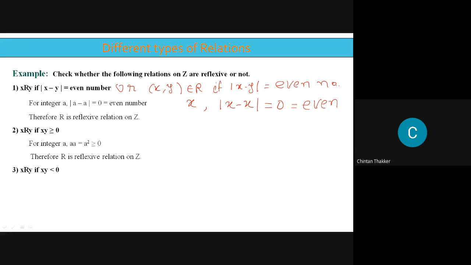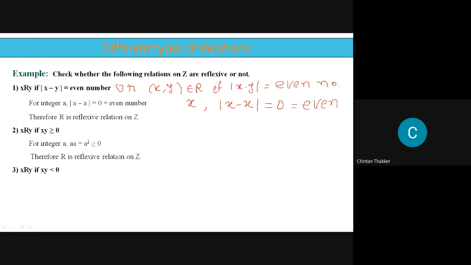Now what about the third? X is related to y if x into y is less than 0.